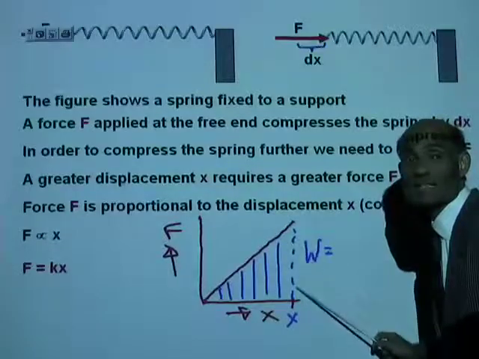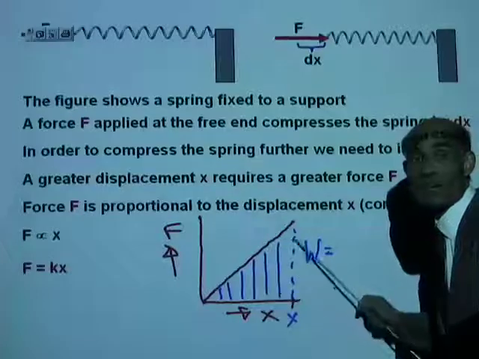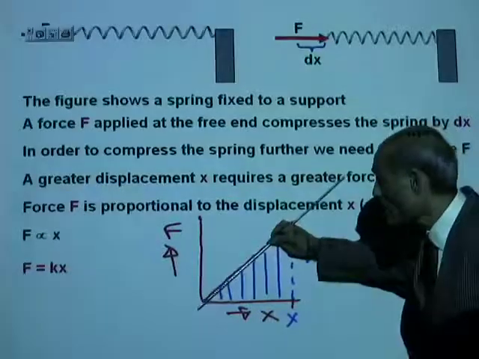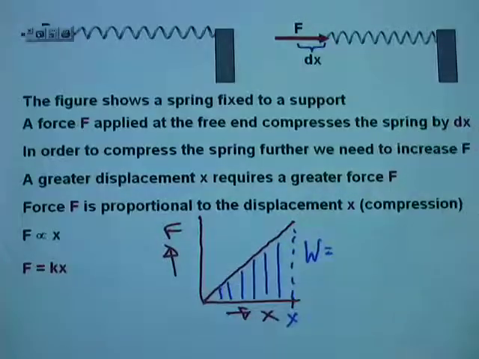What is the height? Height is the force. So work done is given by the area enclosed by the graph of F against x. And that will be the area of the triangle. That will be 1/2 base times the force F.